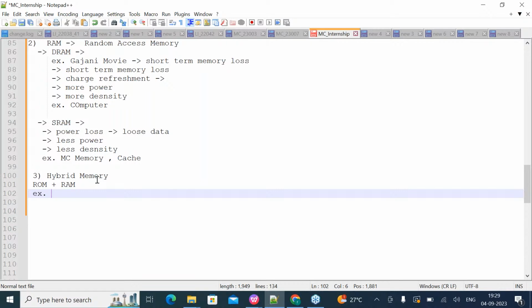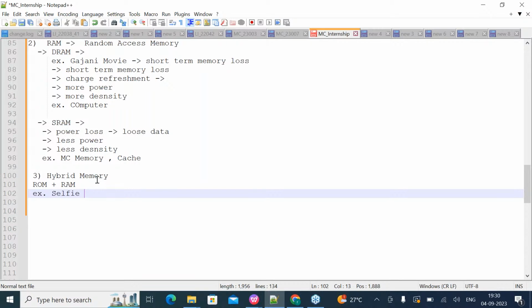Okay, now see here, let me take one very frequently used example. Let's say you have a mobile phone, and you're taking a selfie.